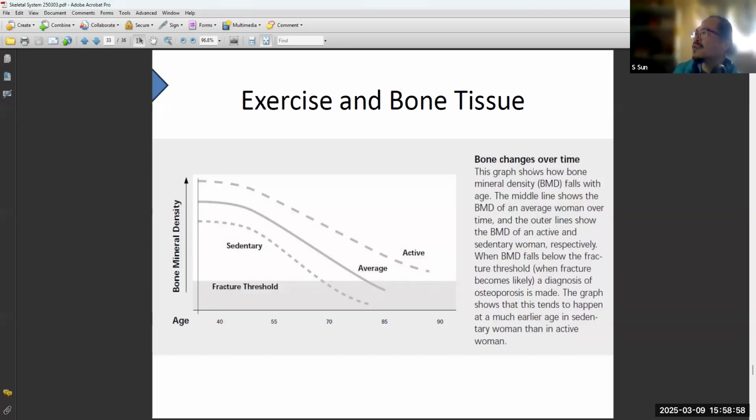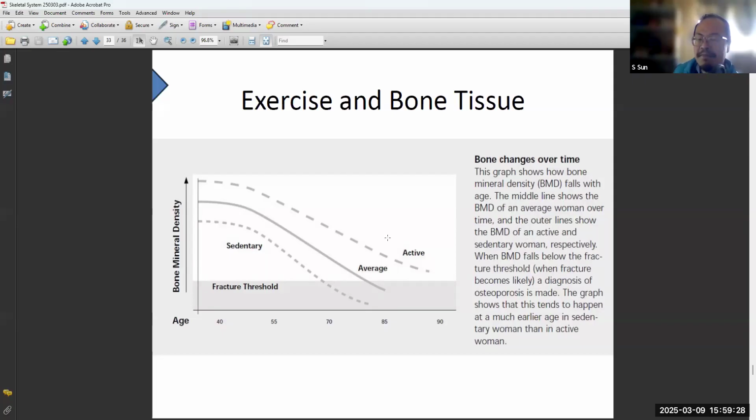So here is bone change over time. The graph shows how bone mineral density, BMD, falls with age. The middle line shows the bone mineral density of an average woman, so this is female over time, and the other lines show the BMD of active and sedentary women, respectively.